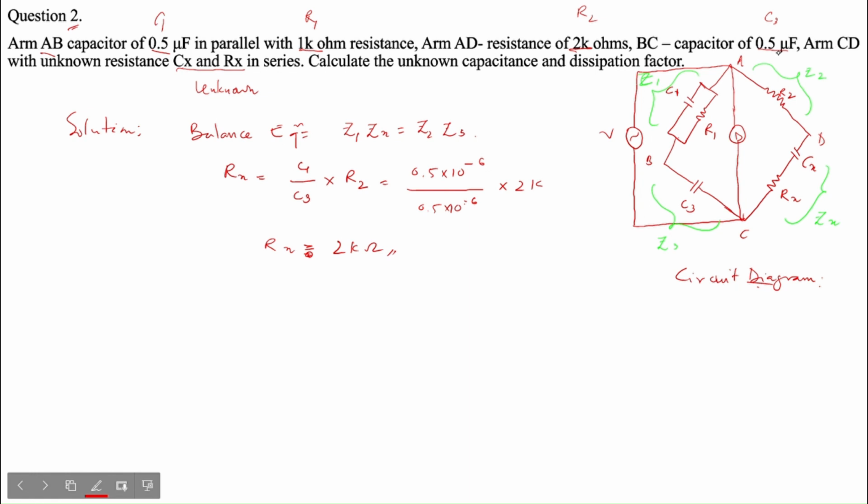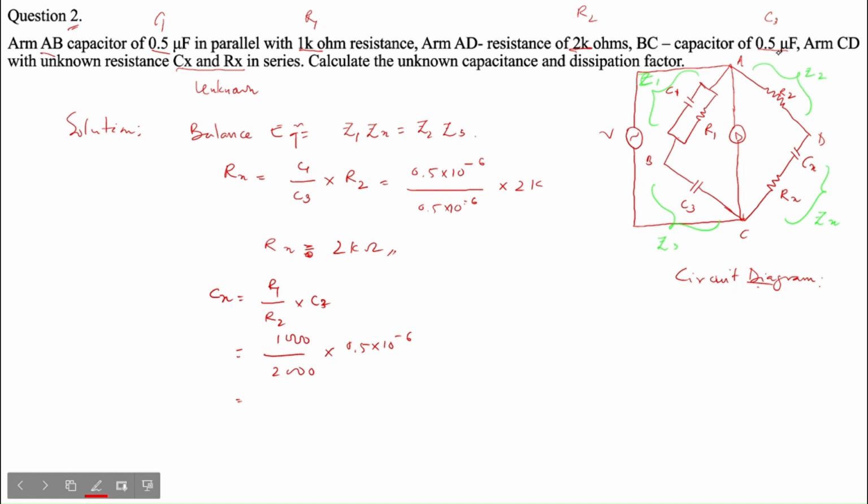To find the unknown capacitance, Cx will be R1 divided by R2 times C3. We have R1 equals 1000 divided by R2 equal to 2000 times C3 which is 0.5 times 10 raised to minus 6.